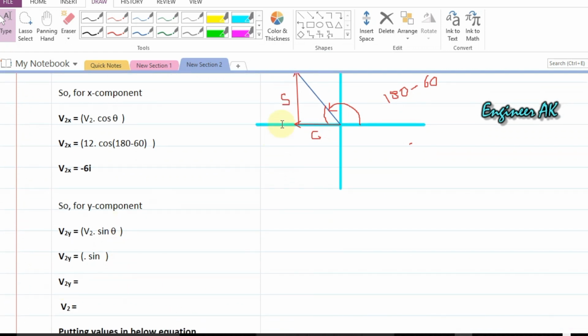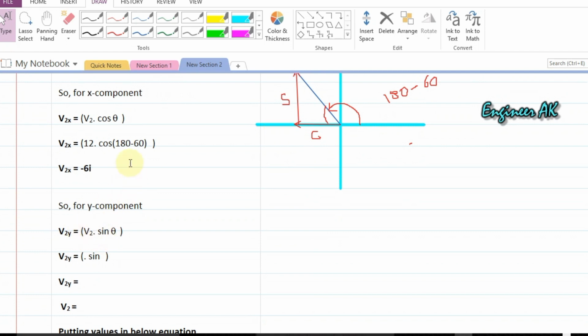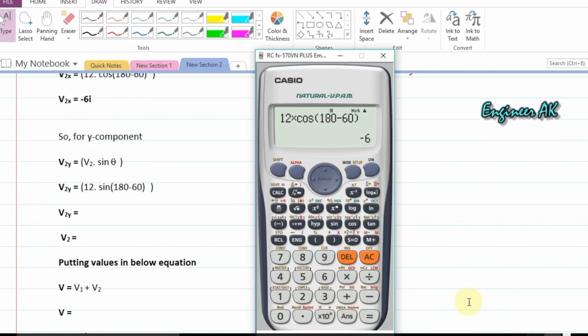And similarly for the y component, instead of cos we will just write sine, right? So here again it's 12, and it will be 180 minus 60. And if I plug in the value in calculator, here we will just replace it with a sine.